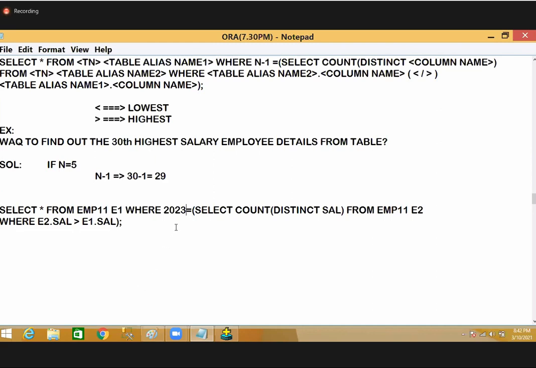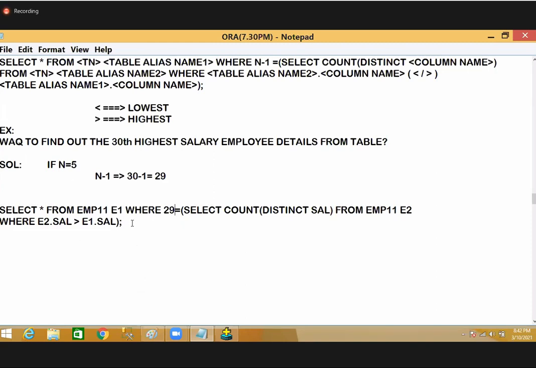But here, no need for 30. Simply one subquery, 29. So all of you clear now with this query mechanism?